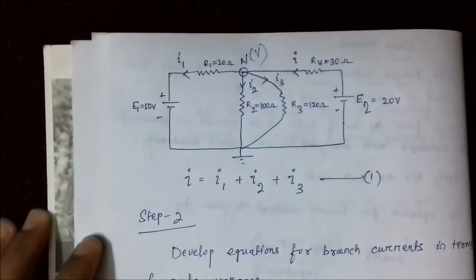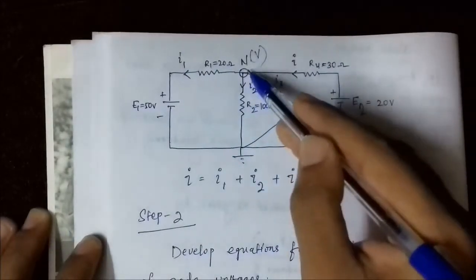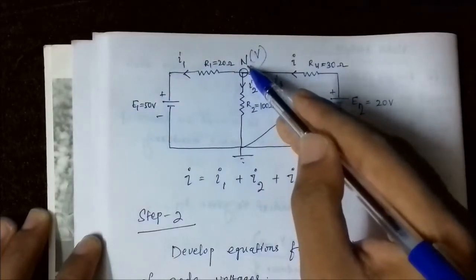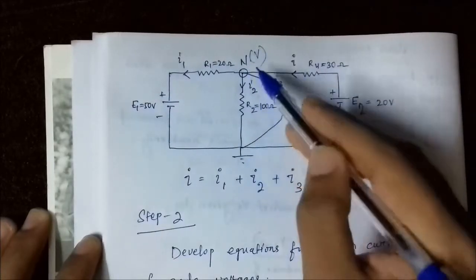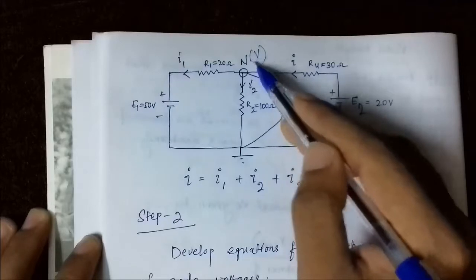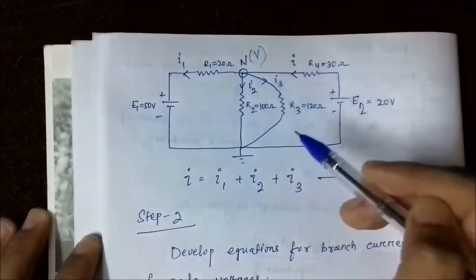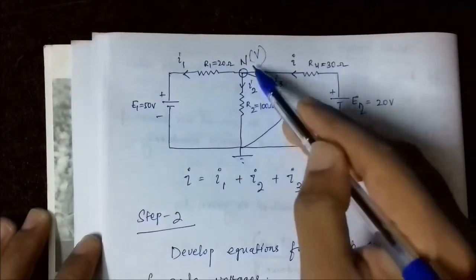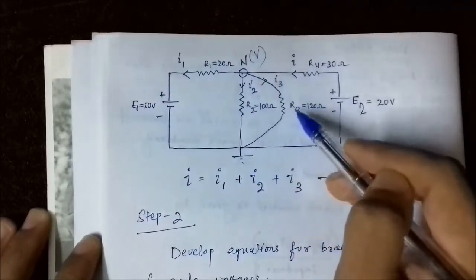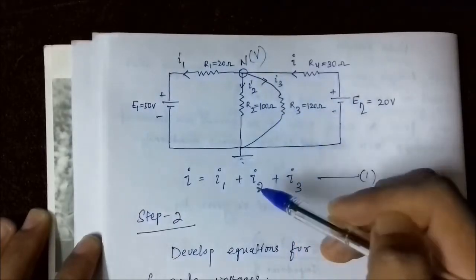Similarly, we can write I2 flowing from this node V towards ground. So it is V minus 0 volt, ground is 0 volt, by impedance R2. I3 is also the same, V minus 0 by R3, which is 120 ohm.